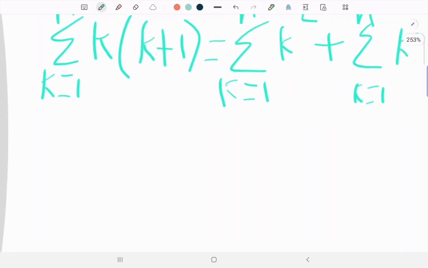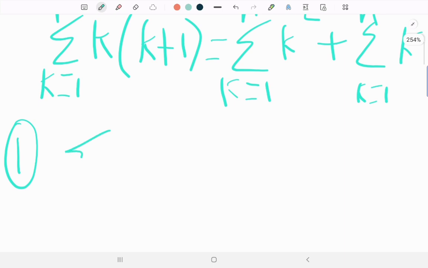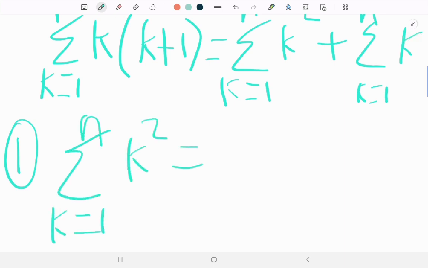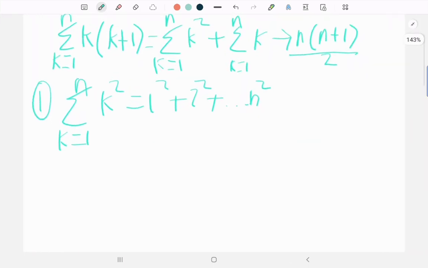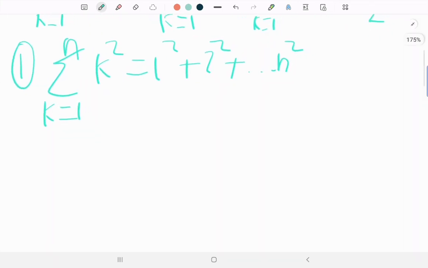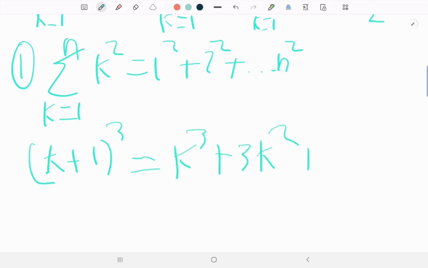So first, we know that the sigma summation of k squared is simply equal to 1 squared plus 2 squared and so on until n squared. So therefore, let's also look at this identity. K plus 1 cubed equals k cubed plus 3k squared plus 3k plus 1.